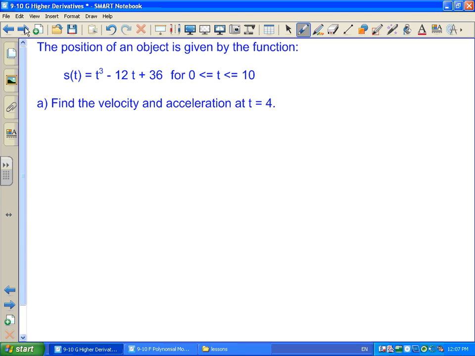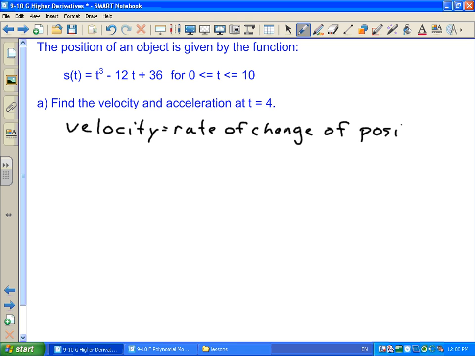Well, we know that our velocity is the rate of change of position. So our velocity function is going to be the derivative of our position function.